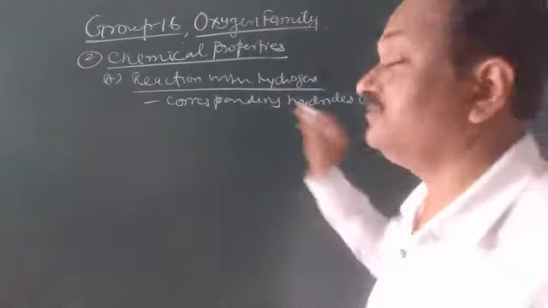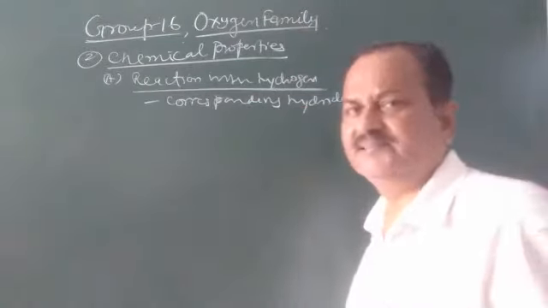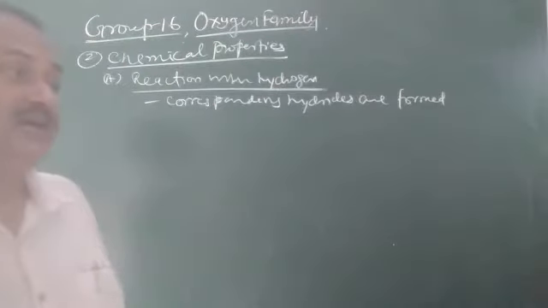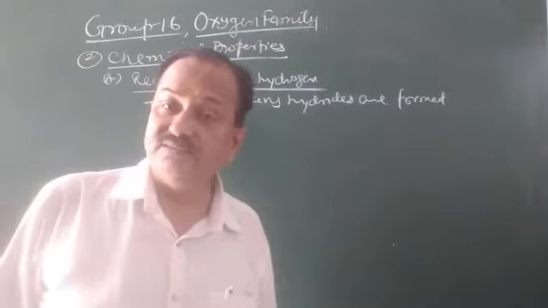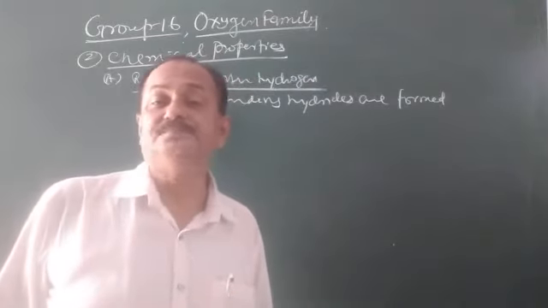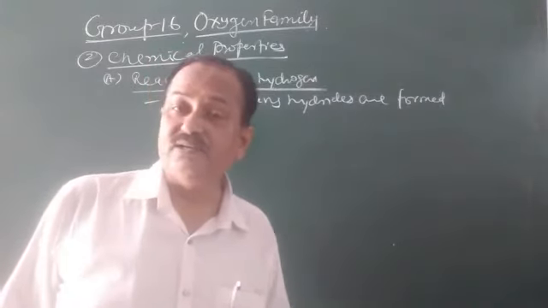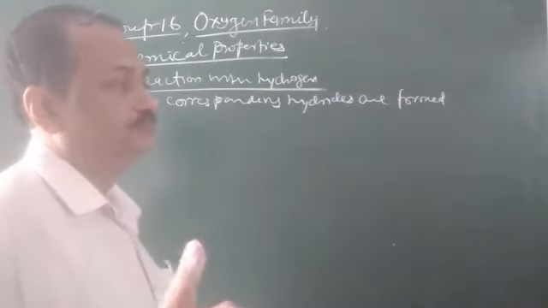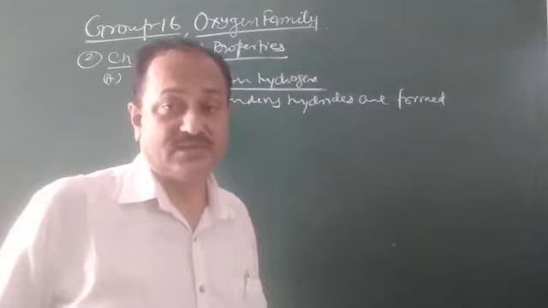Like oxygen forms oxides, sulfuric acid gives sulfates, nitric acid gives nitrates, and hydrochloric acid gives chlorides. Similarly, when any element reacts with hydrogen, the product is called a hydride.